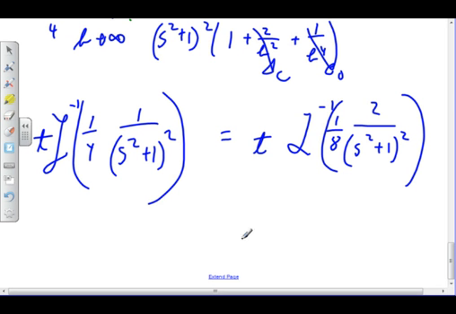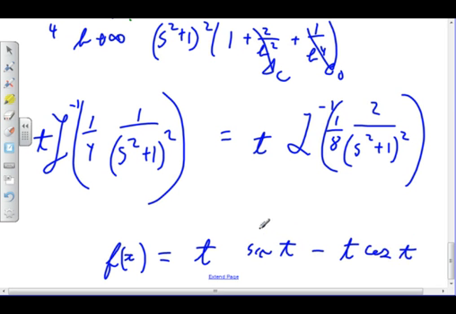Okay, so this is going to, so f of t is t sine t minus t cosine t. What's your 1/8 that?